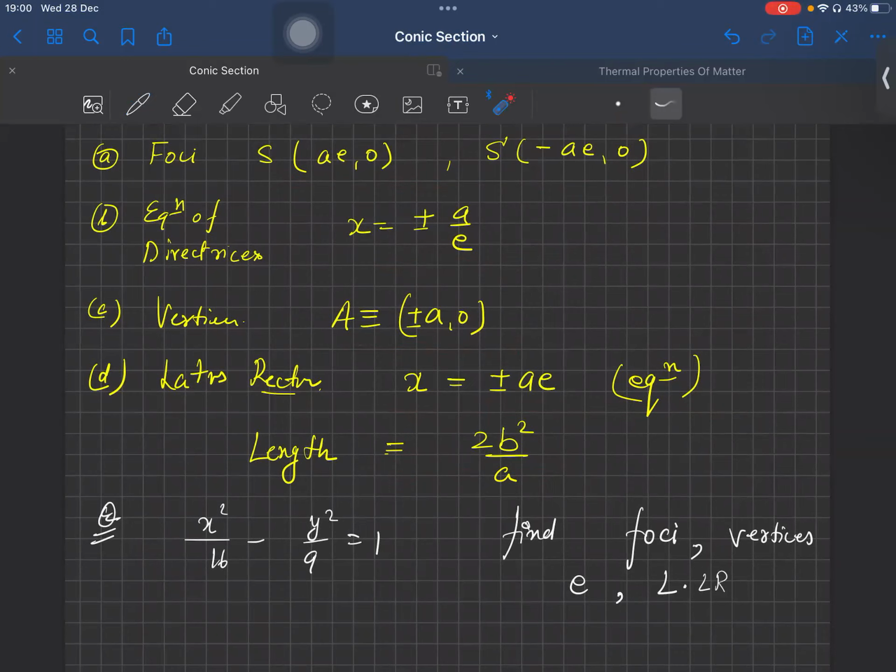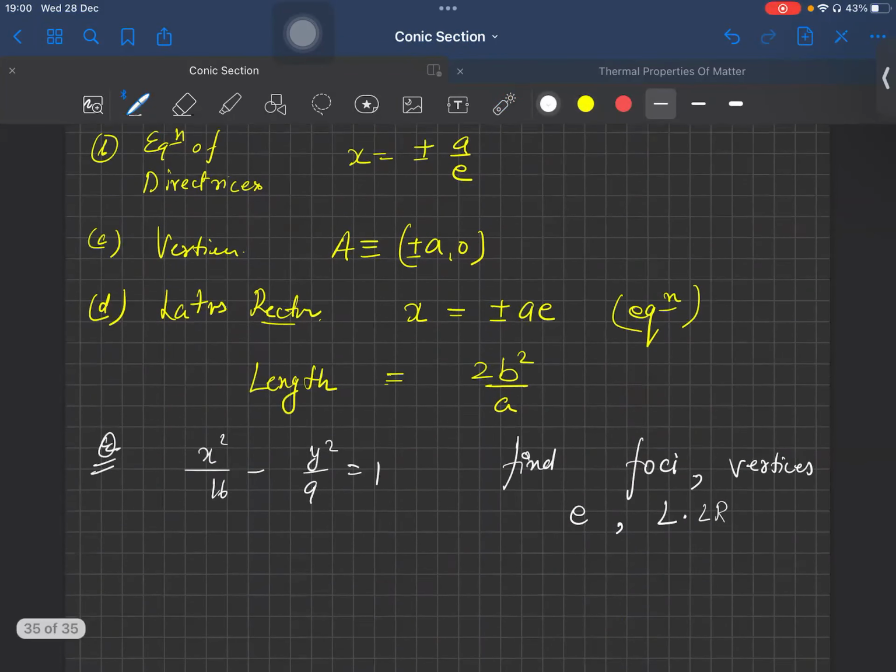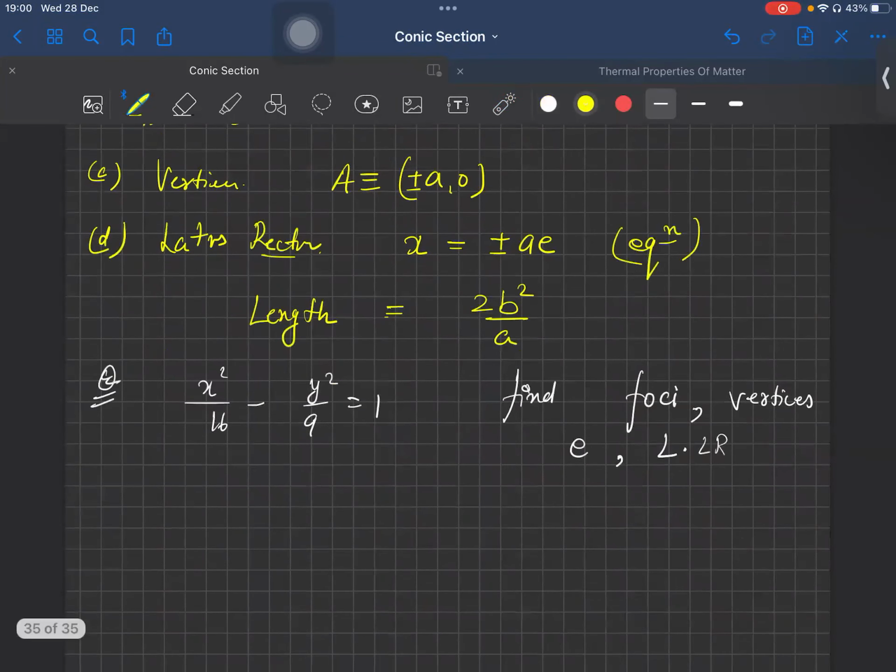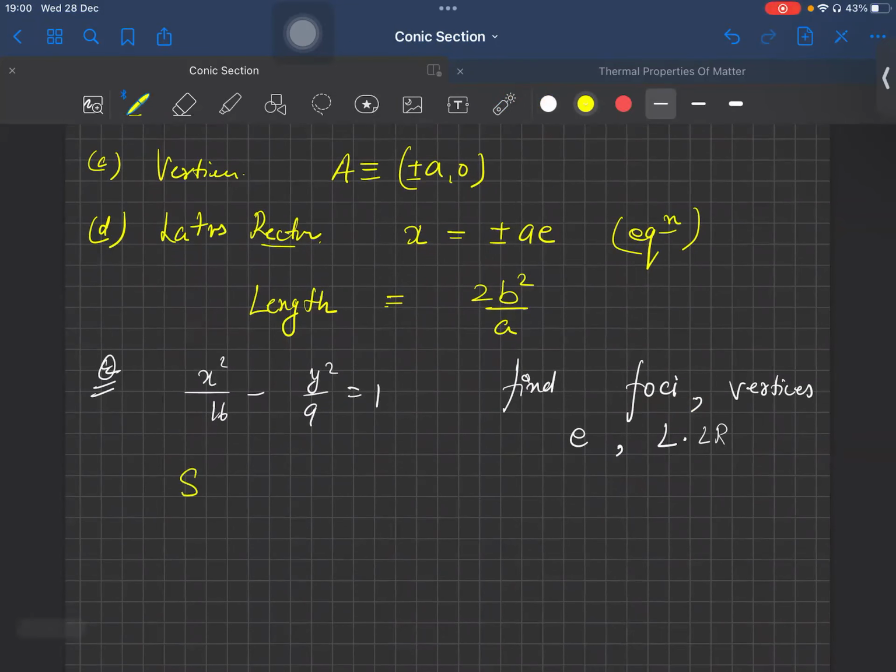So how will you solve it? Are you done? Okay. First we need to find the foci. What is this? (±ae, 0), because you see x. Now first always write down the standard equation of hyperbola: x squared upon a squared minus y squared upon b squared is equal to 1.